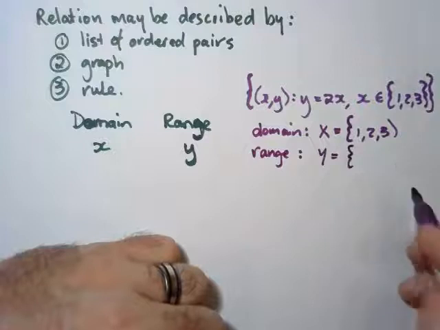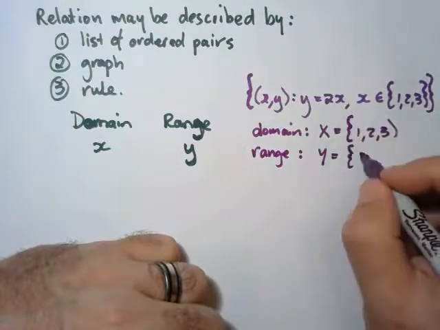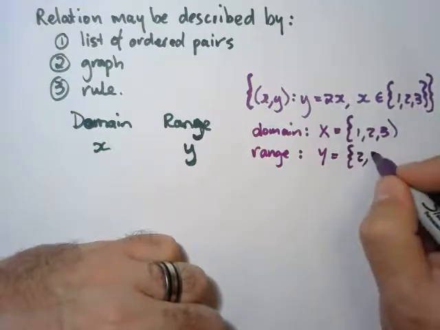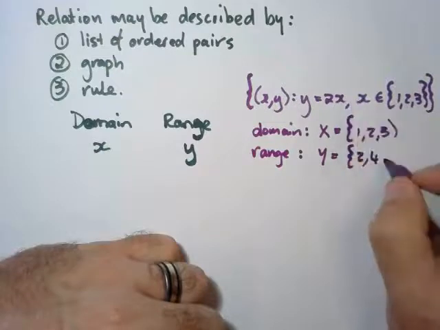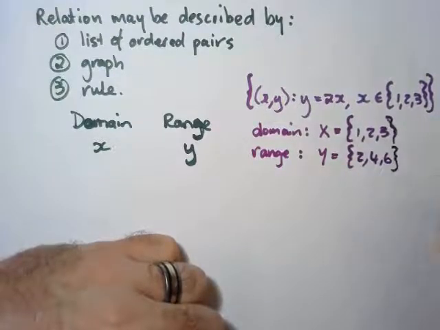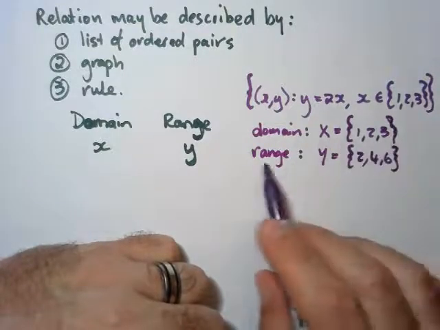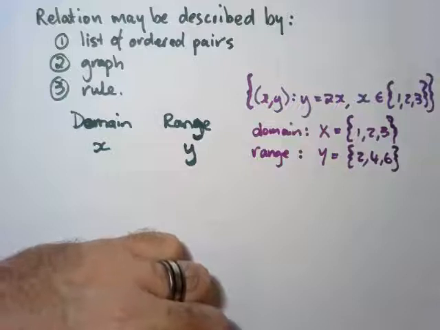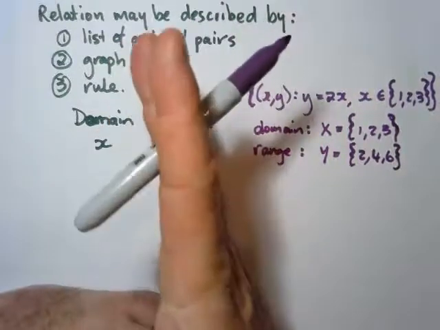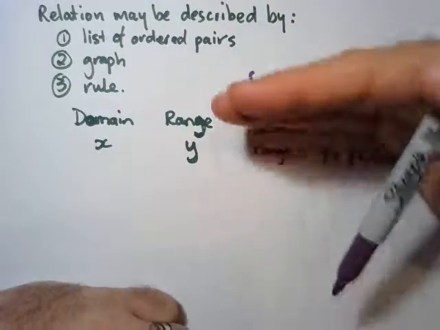If x is 1, if I substitute 1 in there, then y is 2. When I substitute 2 in there, 2 times 2 is 4. If I substitute 3 in there, it is 6. Oh, what's wrong with that bracket? Curly bracket. So my domain for this is x is 1, 2, 3, and the range is y equals 2, 4, 6. So the domain is where do I find my x values. My range is where do I find my y values.